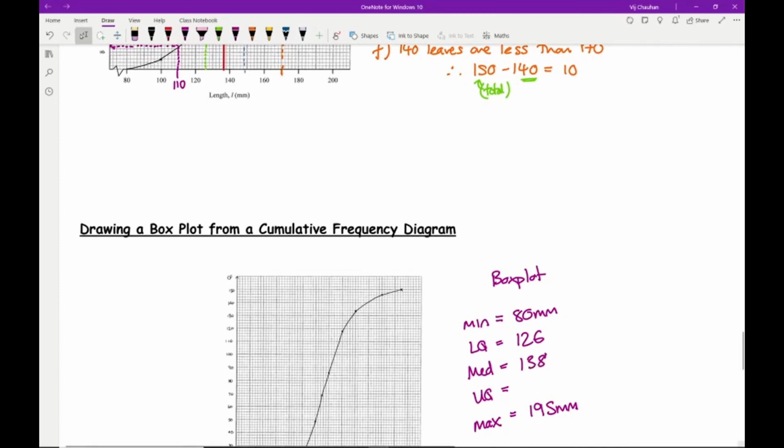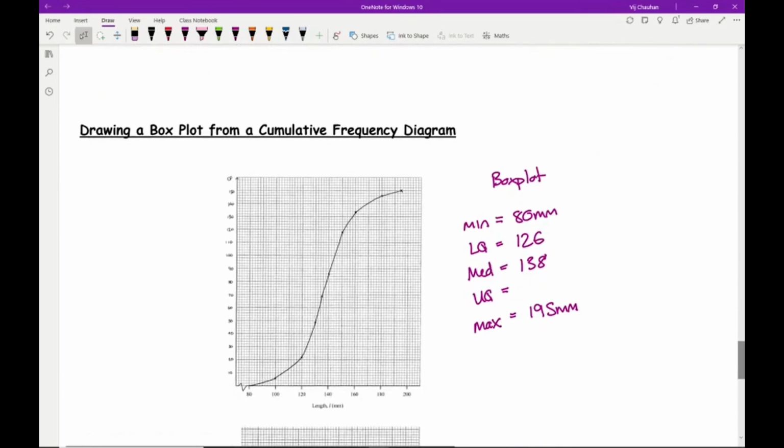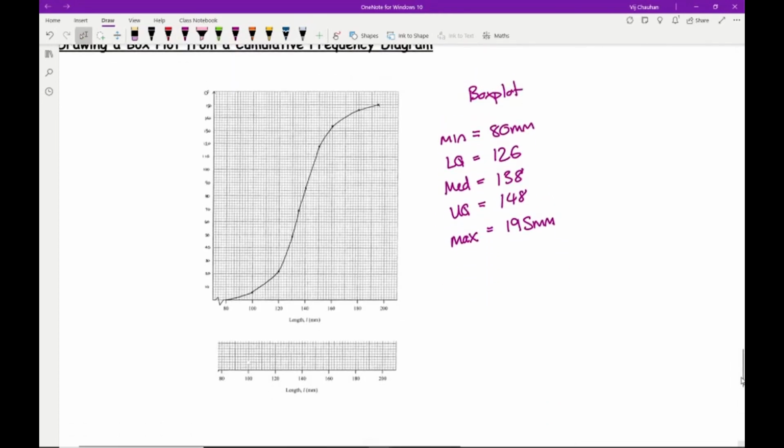And the upper quartile was roughly around 148. Now typically what you would do, from your cumulative frequency diagram, is find out those points. So the median value was at 75, so I'm just going to draw my dotted line from here till it hits the curve, and then go downwards as best that I can.